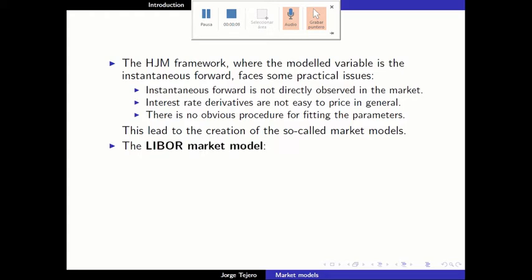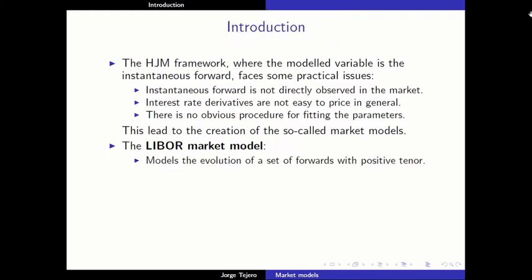The first of these market models is called the LIBOR market model. In this model, the underlying which is modeled is a set of forward rates with some tenor. This model has the advantage that both caps and floors have Black's formula available for their pricing.